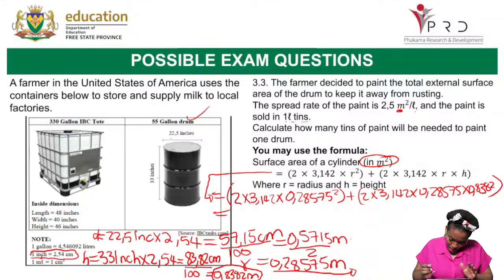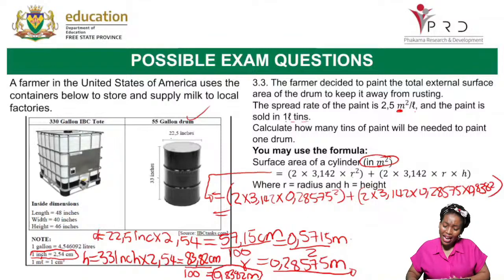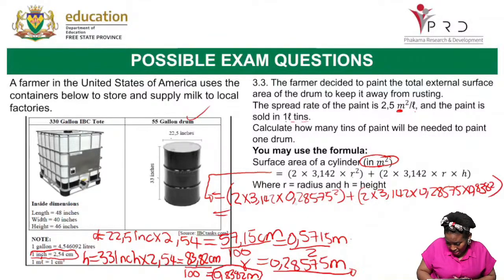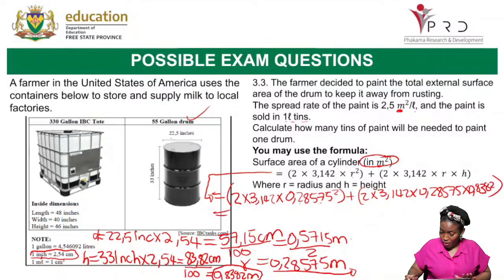So I'm going to do the entire bracket. Remember the radius here, we square the radius. Because I don't have space, I'm going to do everything as it is. I'm going to say 2 multiplied by 3.142. I hope you are following with me.